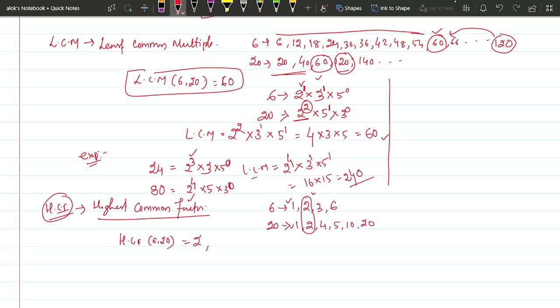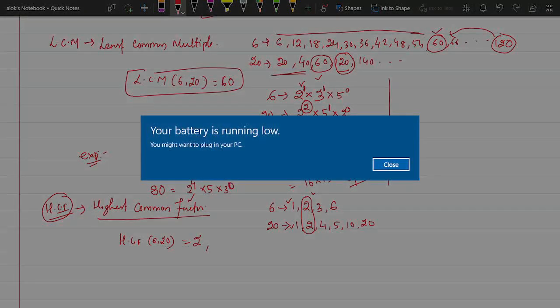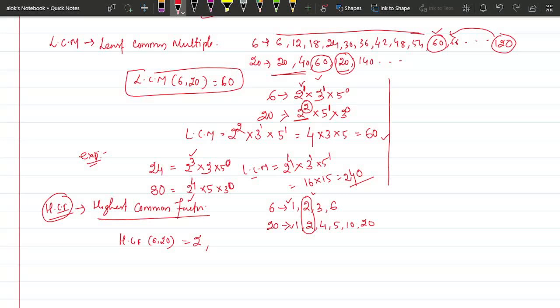You can find this also by using prime factorization. To find the HCF, we always consider the term with the least power. So to find the HCF of 6 and 20, we'll see the least power of these two numbers.